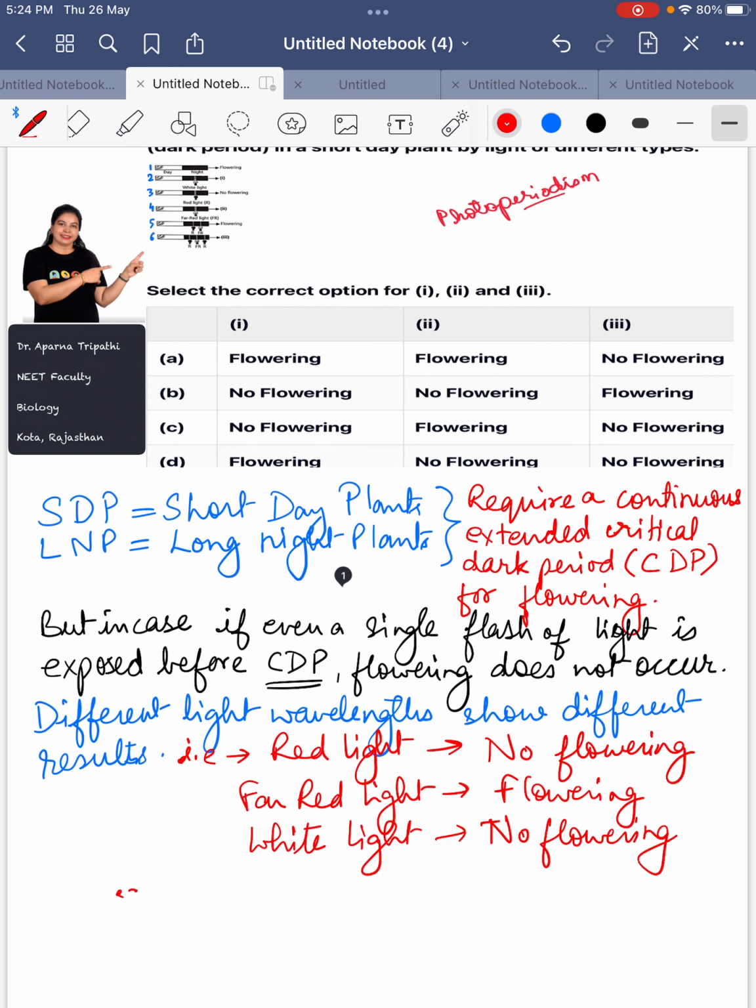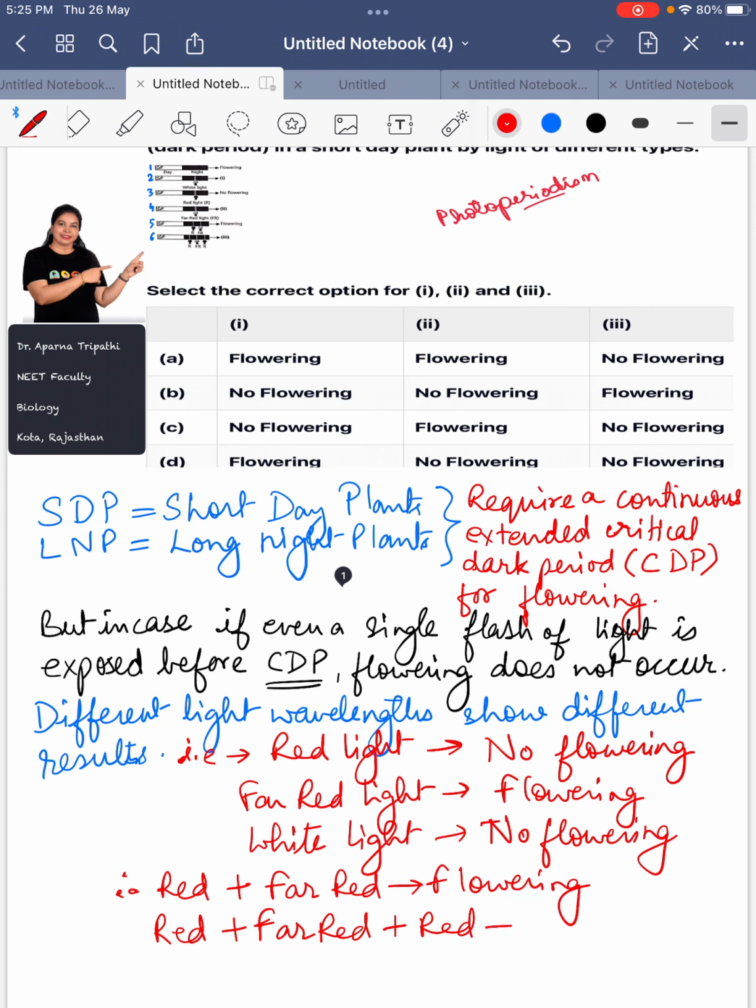What happens when a combination of light is used? If first red light is given and then far red light, the result is flowering. Then again, with a combination of first red light, then far red light, then again red light given to the plant, no flowering takes place.